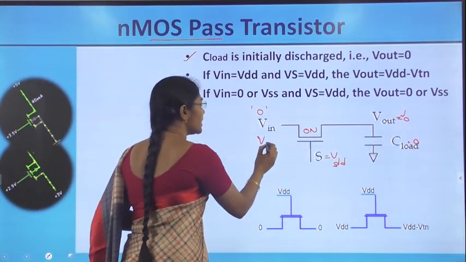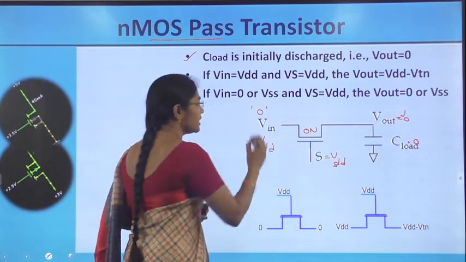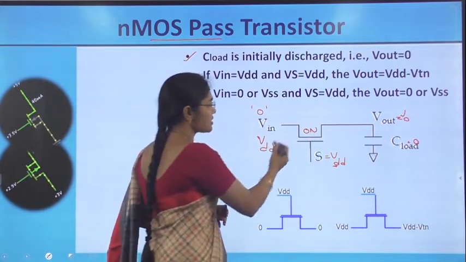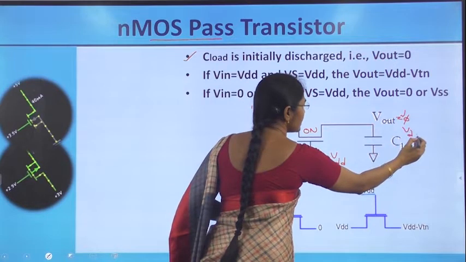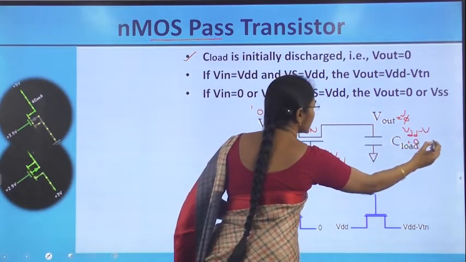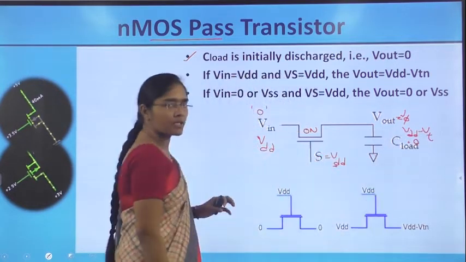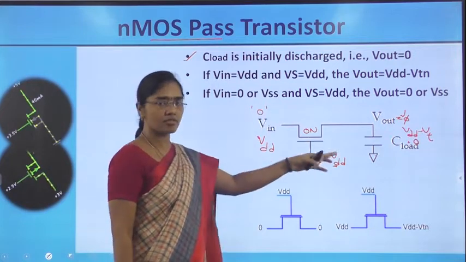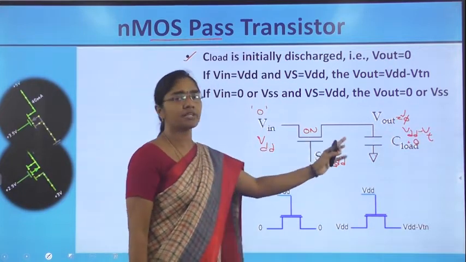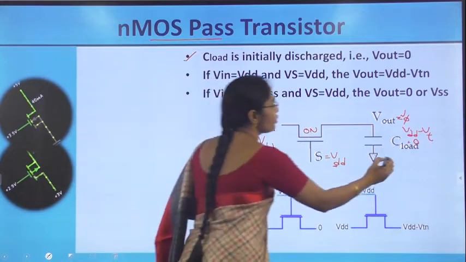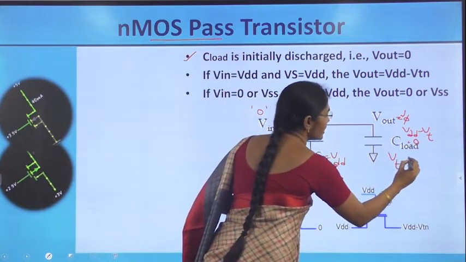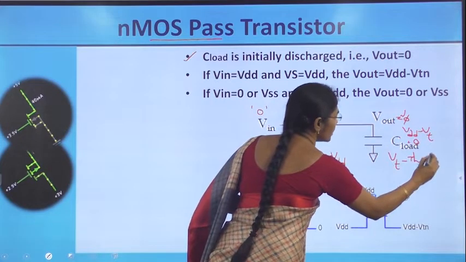If the input voltage is taken as VDD, then this transistor passes the output as VDD minus VT only, not the full voltage. So for 0 it passes 0, for VDD it passes VDD minus VT, where VT is the threshold voltage.